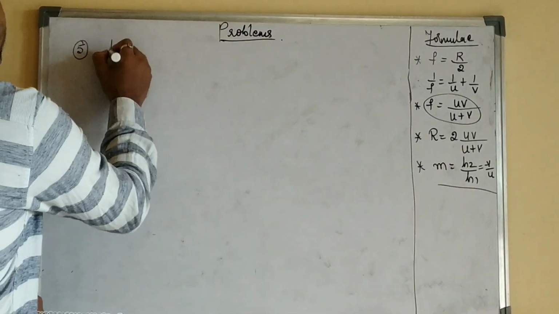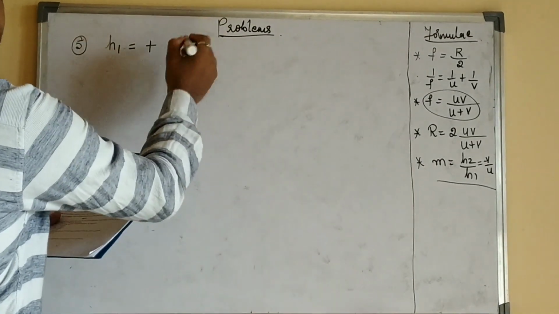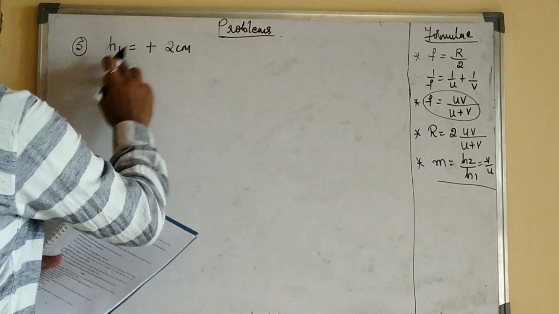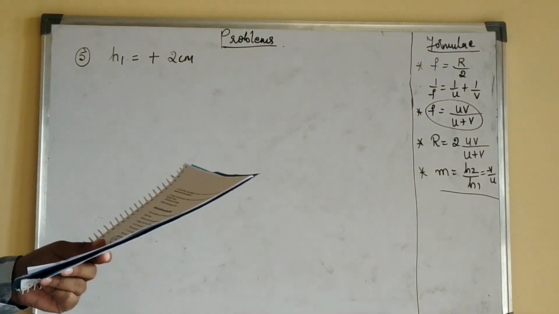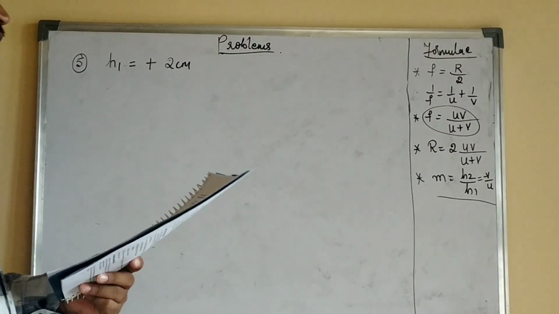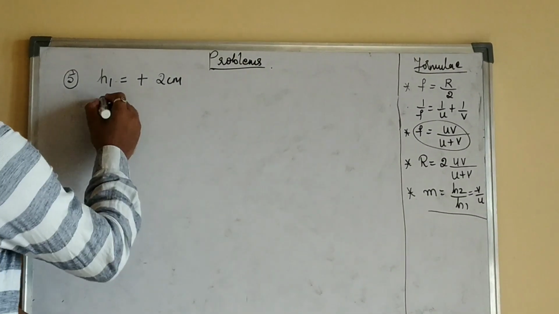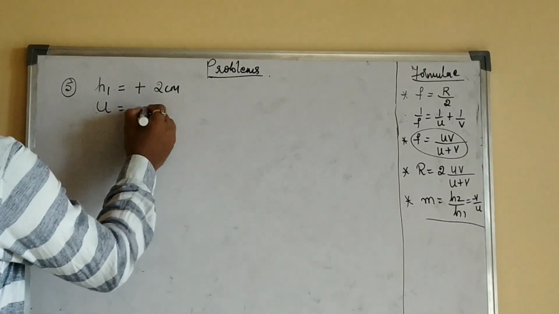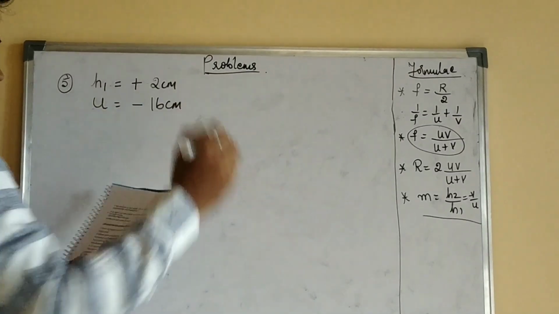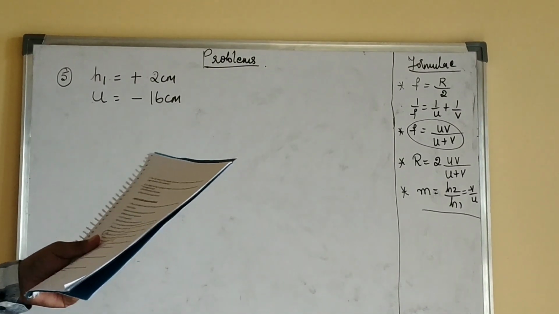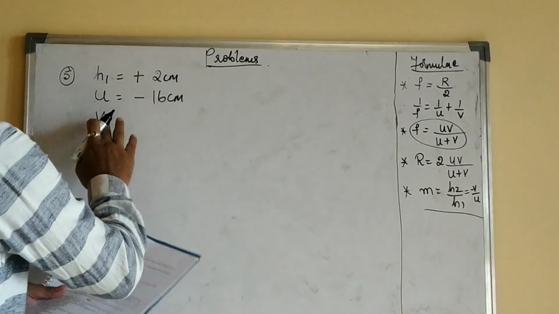So H1 is equal to plus 2 centimeter. Why? Because height of the object is above the principal axis. So sign convention is positive. So this object is placed at a distance of 16 centimeter, which means U is given, it should be taken minus, right? 16 centimeter from a concave mirror which produces a real image of height.